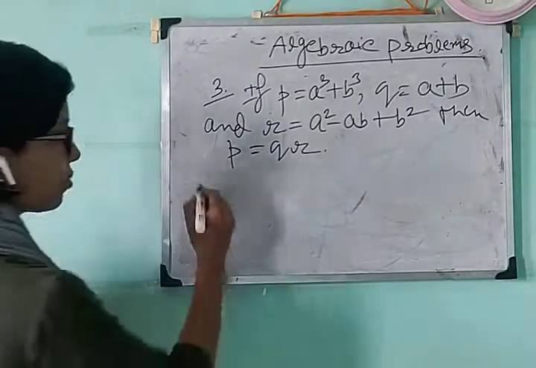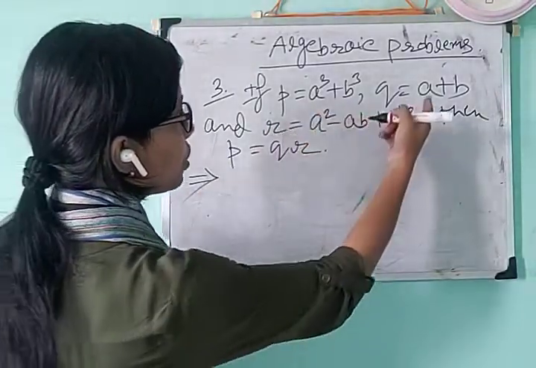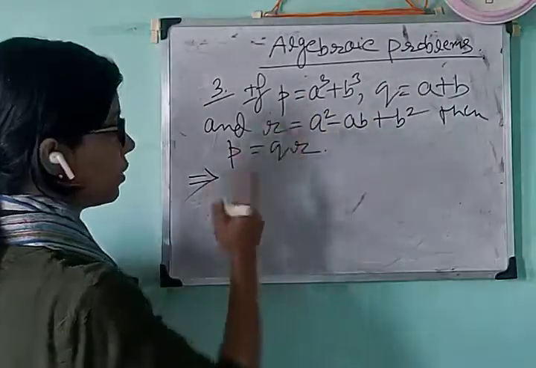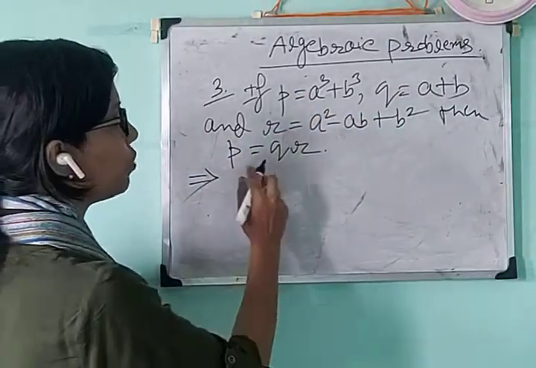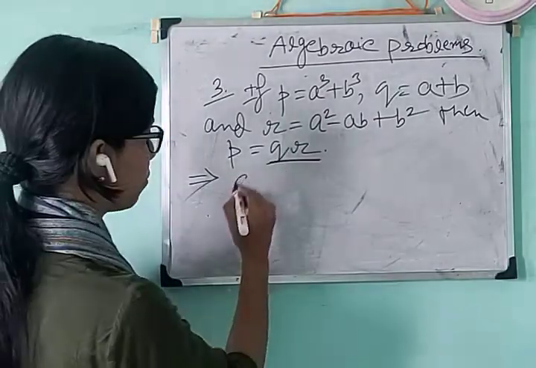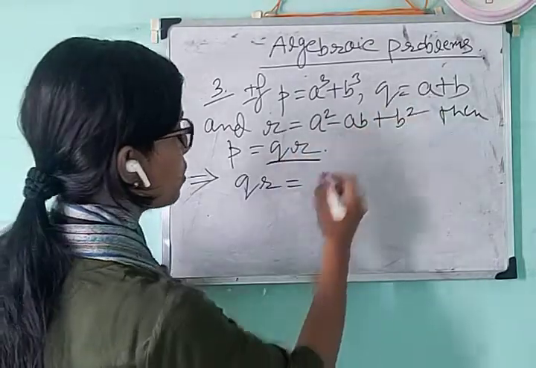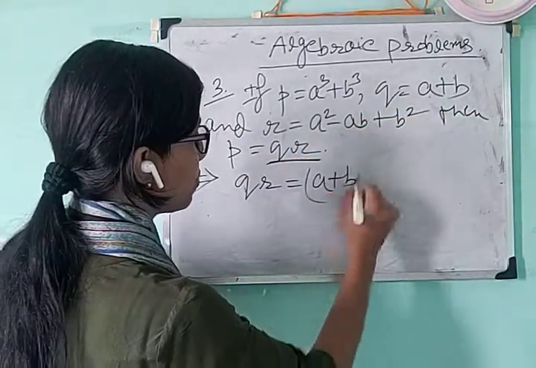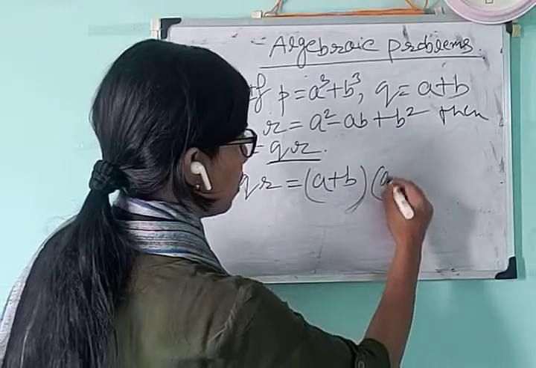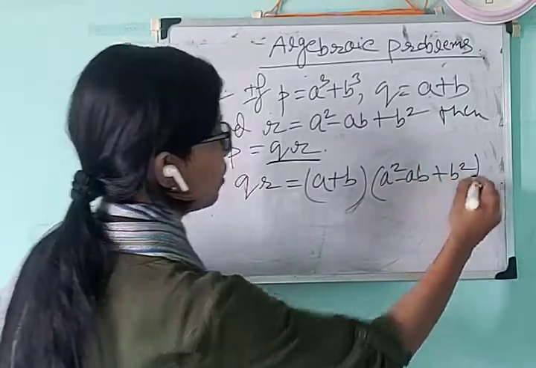Okay, so let's check. If p equal to a cube plus b cube, q equal to a plus b, r equal to that, p equal to qr. So you have to first find the product qr, that is the product of q and r. Q is a plus b, and r is a square minus ab plus b square.